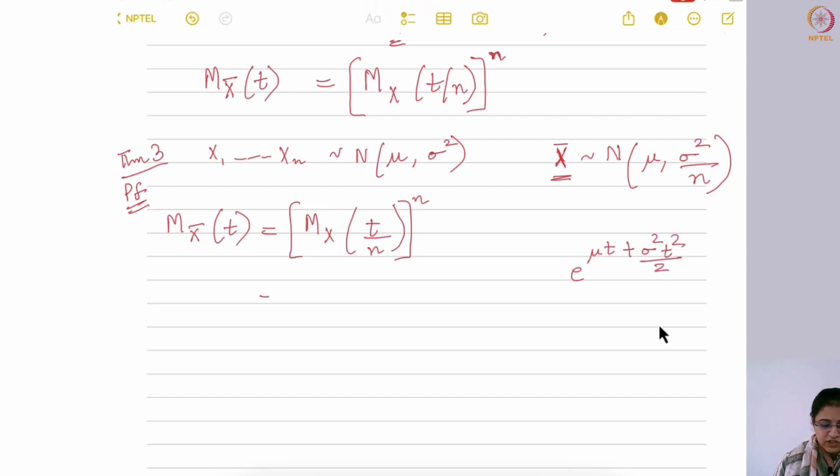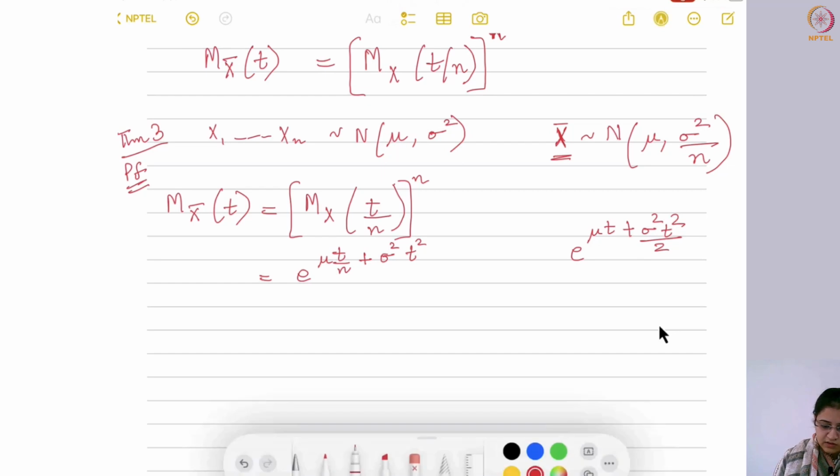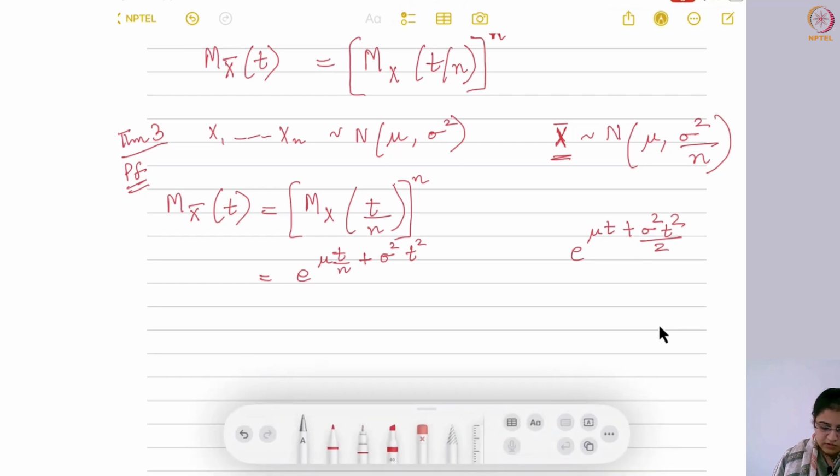So here, if we substitute it, instead of t it would be t by n, so e raised to the power mu t by n plus sigma square times t by n whole square by 2, this whole to the power n.